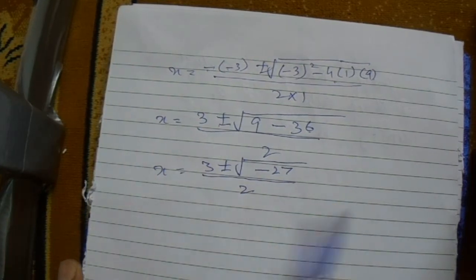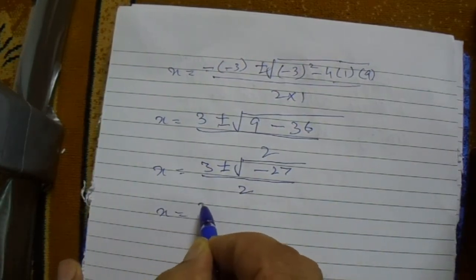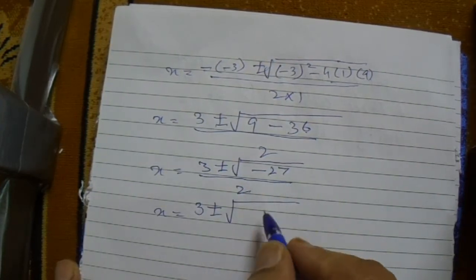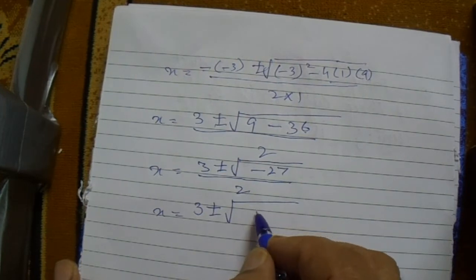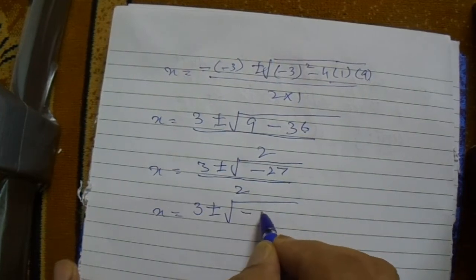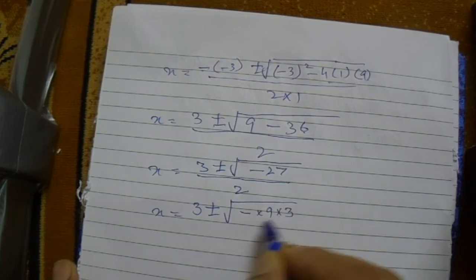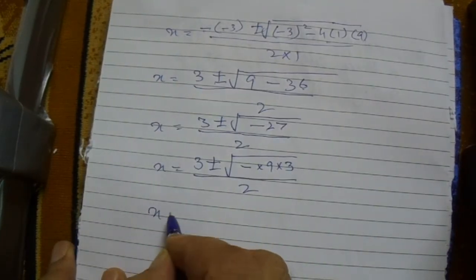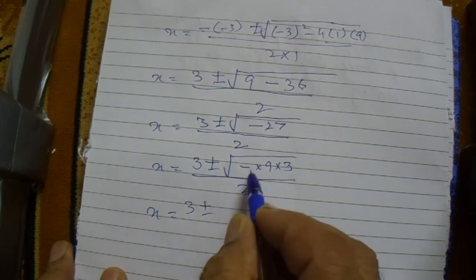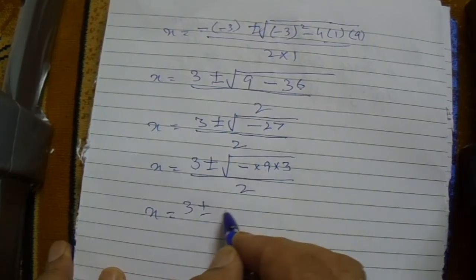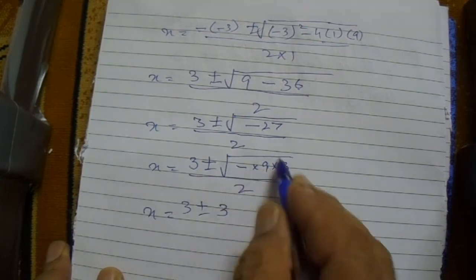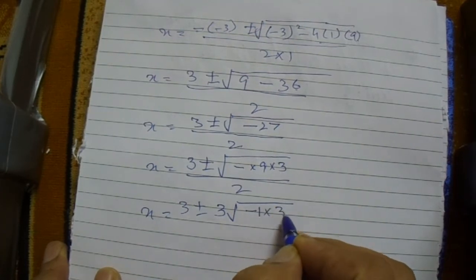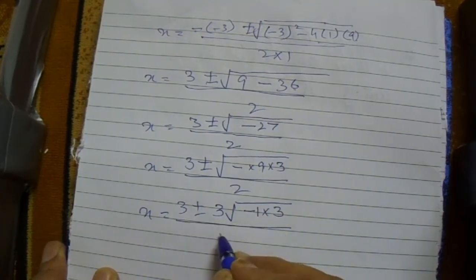The next step will be x is equal to 3 plus minus, and we write this minus 27 like this: minus multiplied by 9 multiplied by 3, over 2. And x is equal to 3 plus minus, we take the square root of this 9, write here 3 outside of this radical sign, and again minus 1 multiplied by 3 over 2.